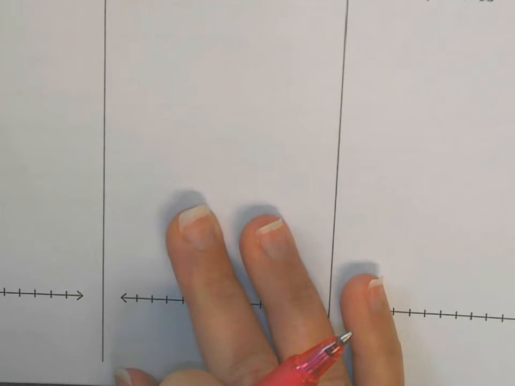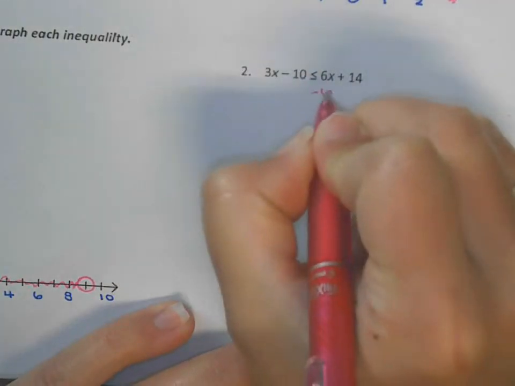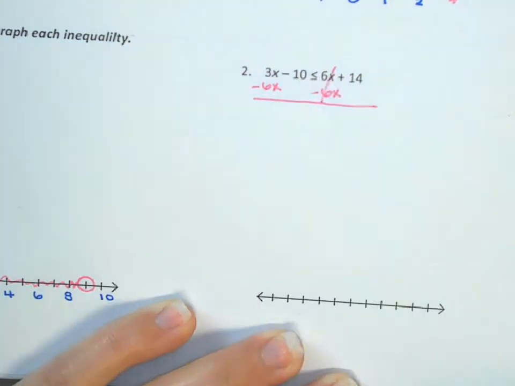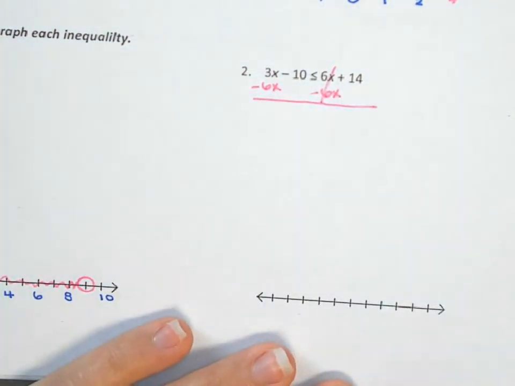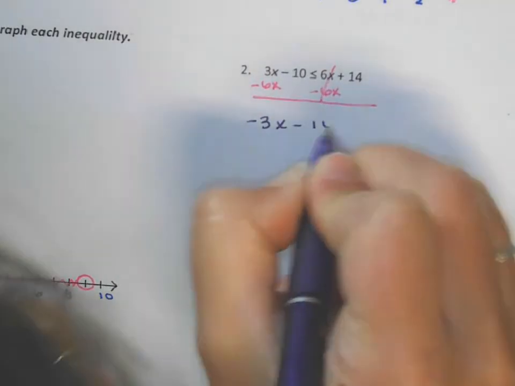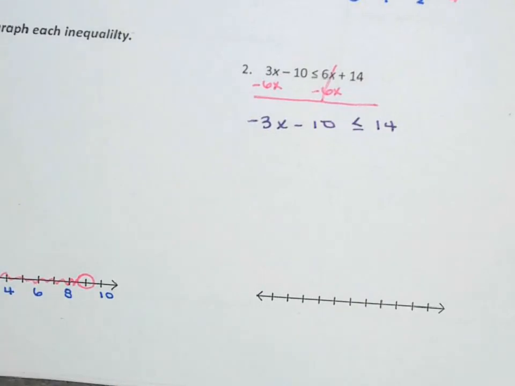Let me check one thing before we actually do that. No, let's actually move it to the left because I want to show you guys having that negative number. So if we subtract 6x on both sides, the 6x's go away. We have -3x minus 10 is less than or equal to 14. Again, you could have done it either way.